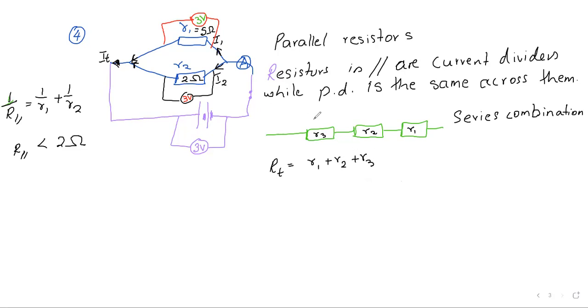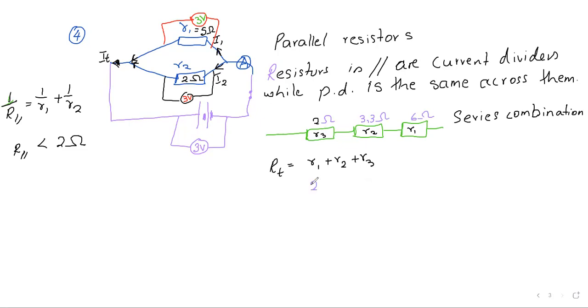If here I had 2 ohms, and here I had 3.3 ohms, and here I had 6 ohms, I have to add them up.